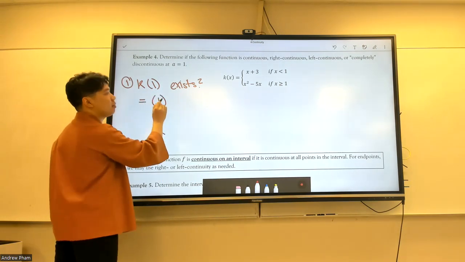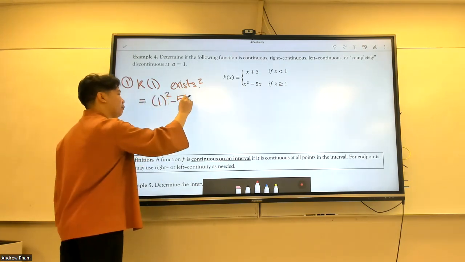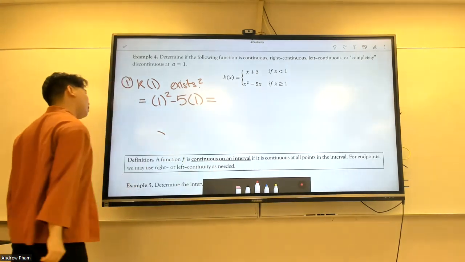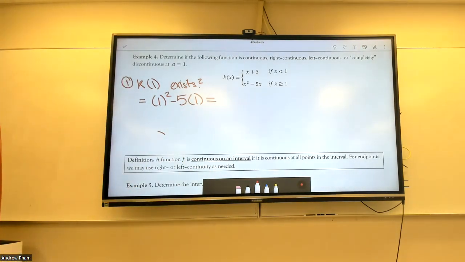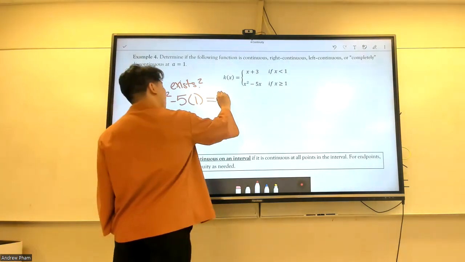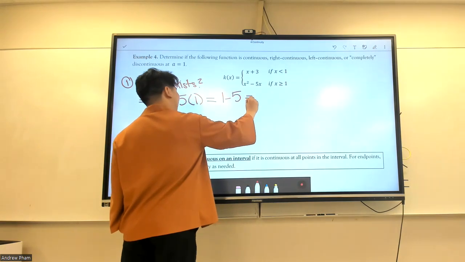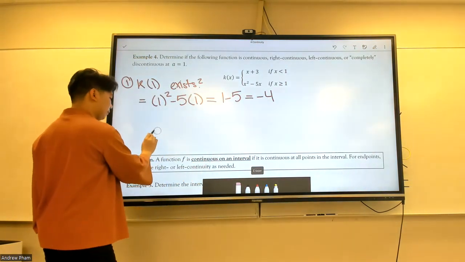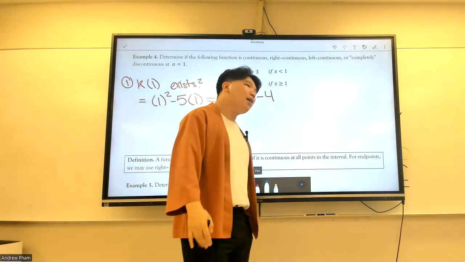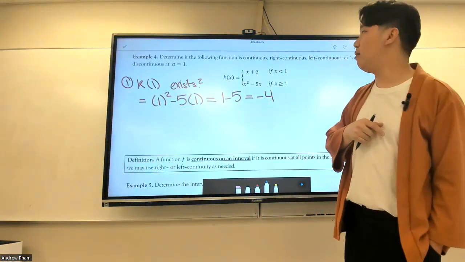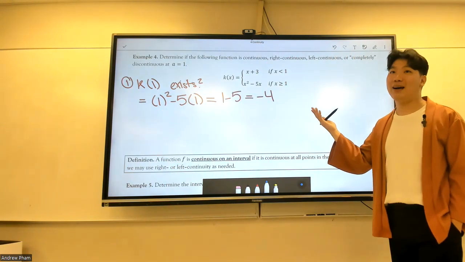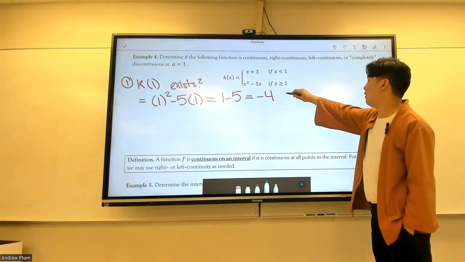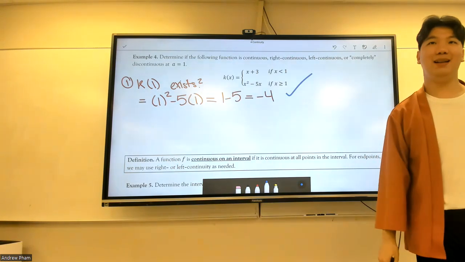So I get 1 squared minus 5 times 1. 1 squared, I get 1. 5 times 1, I get 5. So this is 1 minus 5, or negative 4. So in other words, when I plug in a is equal to 1, I got a defined answer. First one is done.